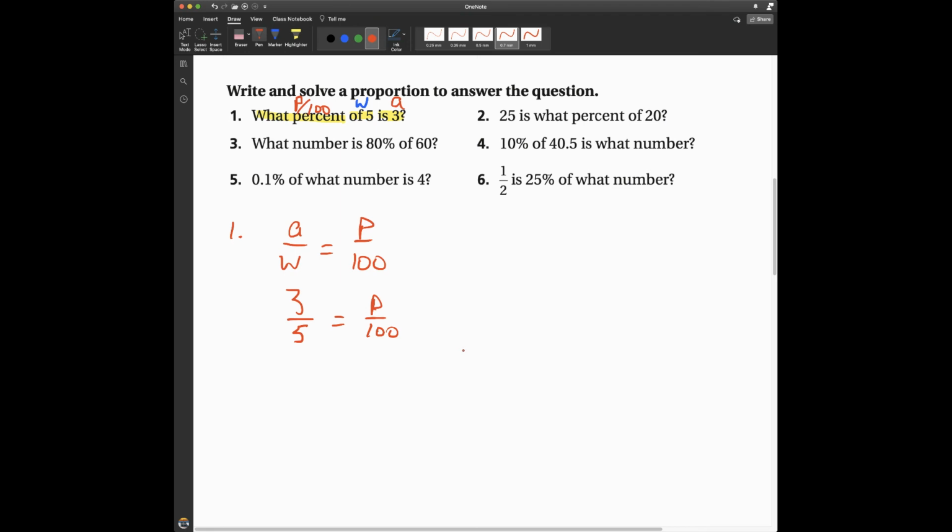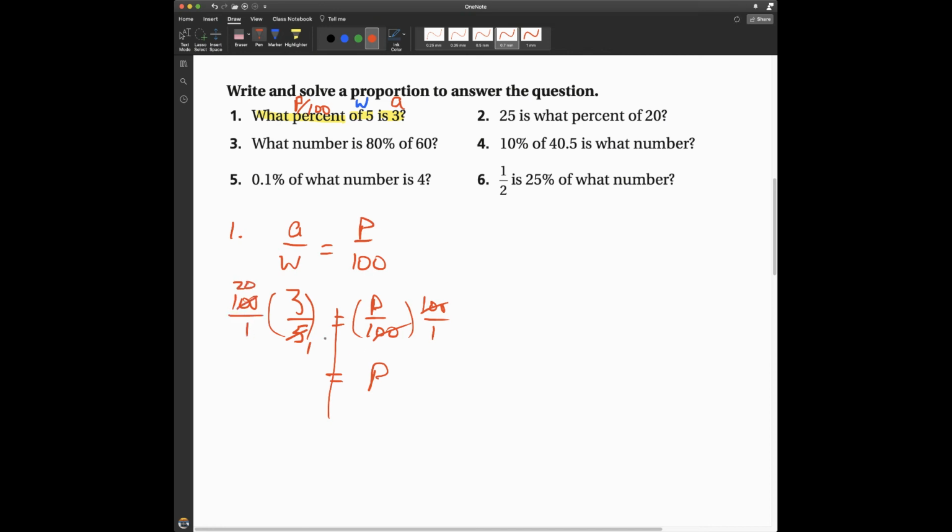So how do we figure out what P is? Well, I can multiply both sides of the equation by 100, because that's how I can get the variable P all by itself. Then I can do some canceling. That's 1, that's 20. I put that over 1.